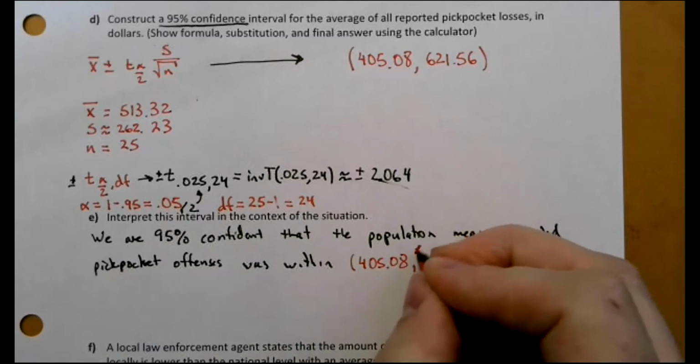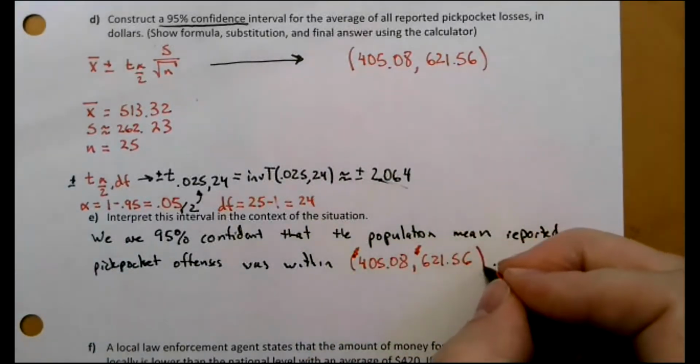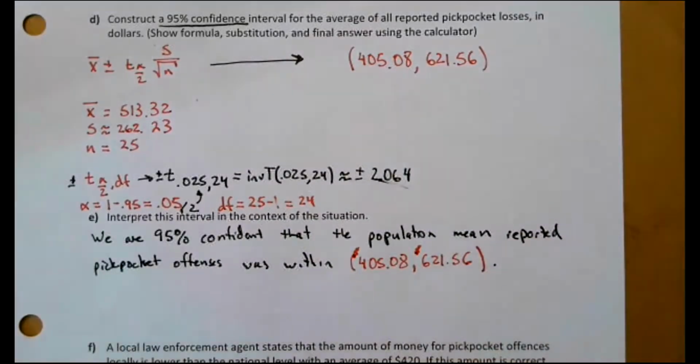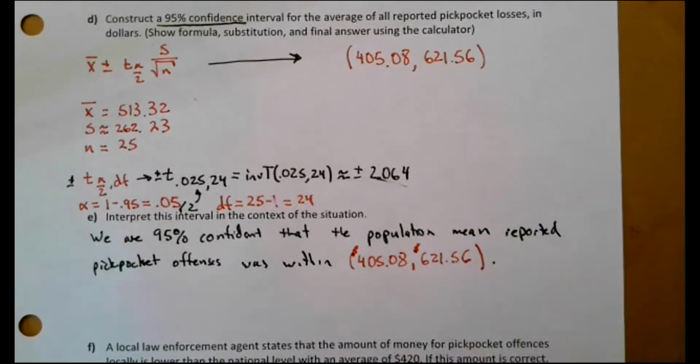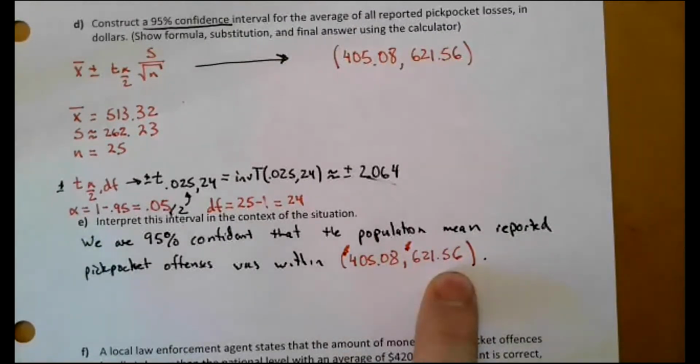Note that the units on these things are dollar amount. So we're saying of all the people that got robbed in a pickpocket manner, I suppose, or I'm not quite sure how the FBI defines pickpocket losses, but of all the reported robberies, the amount of things stolen, the value of it, either cash or items, was somewhere between 405.08 and 621.56.